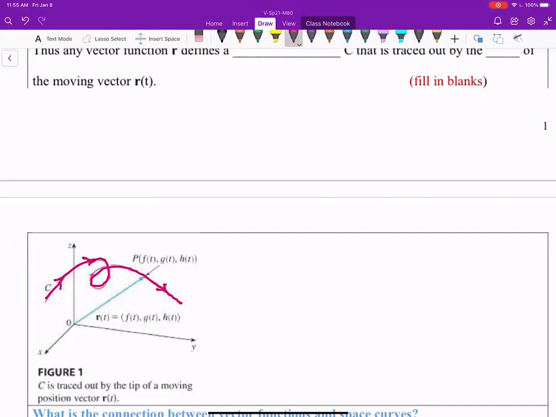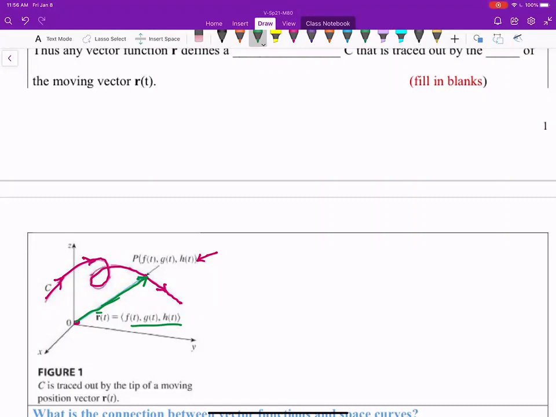And for any point P, the position of the point is f of t, g of t, h of t at time t. If you take the position vector from the origin to that point, it is r of t, which you have to write in the component form because it's a vector. It has got magnitude and direction.